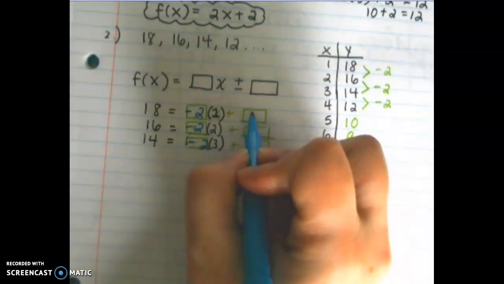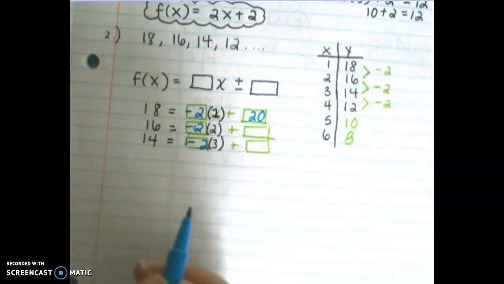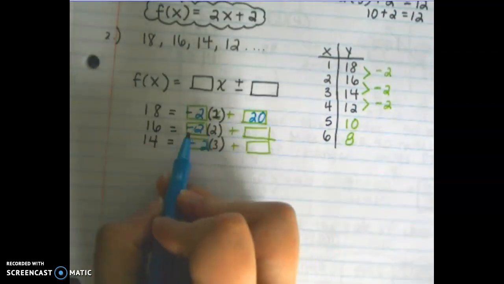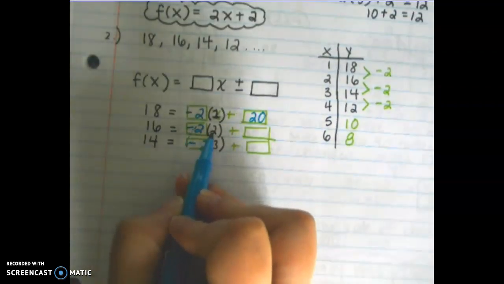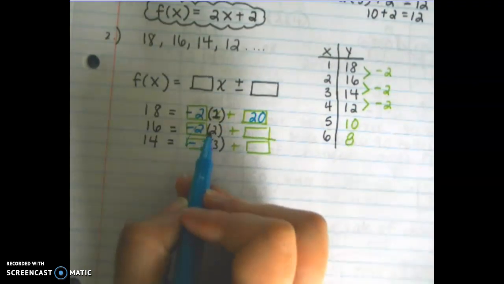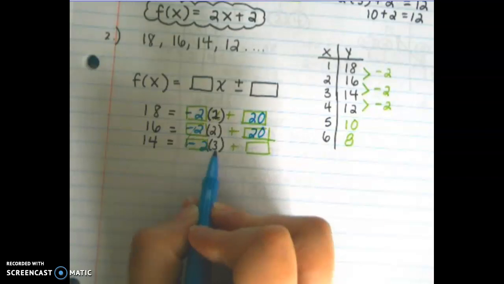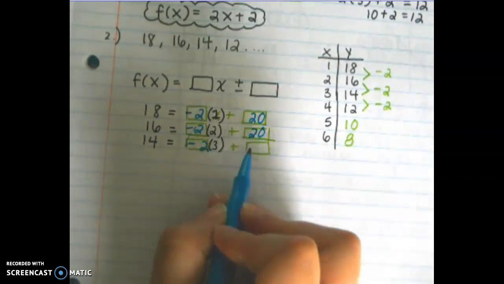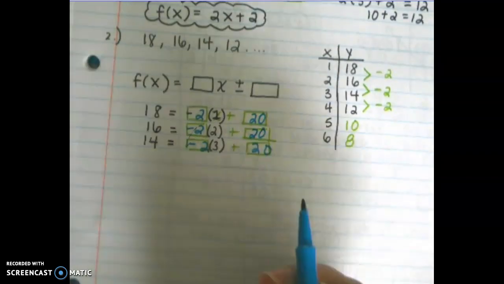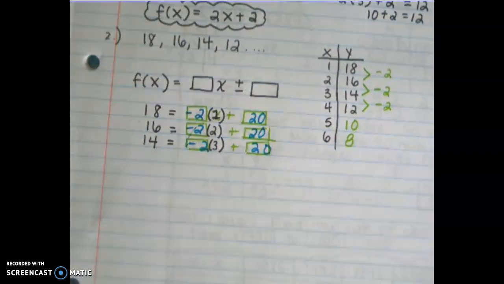I think I'm going to have to add 20. So let's see if that works. -2 times 2 is -4. -4 plus 20 works. That would be 16. -2 times 3 is -6, and -6 plus 20 works, that's 14.